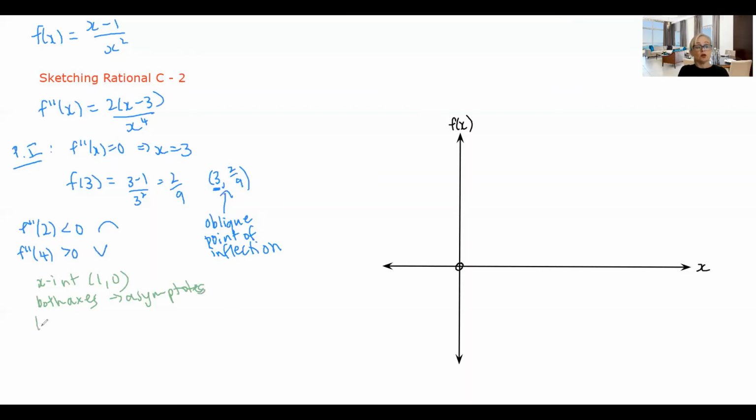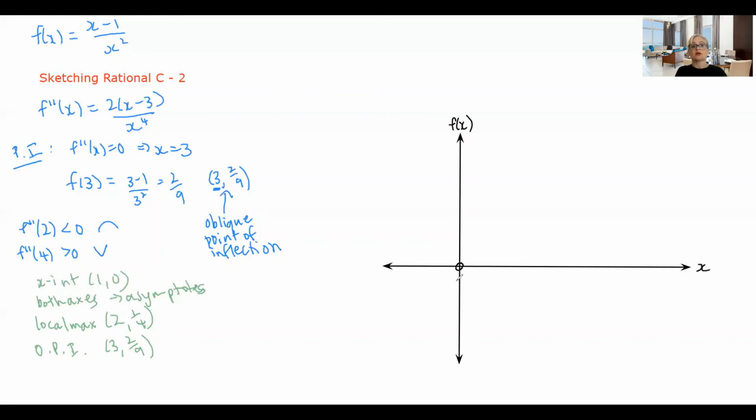We have a local maximum at the point (2, 1/4), and we have an oblique point of inflection at the point (3, 2/9). Now, just so that we know, 1/4 is 9/36, this is 8/36. We're talking about numbers that are very close together. So we want to pick a scale that will enable us to show the shape of the function. So I'm not going to put 1 down here, or we're not going to see anything.